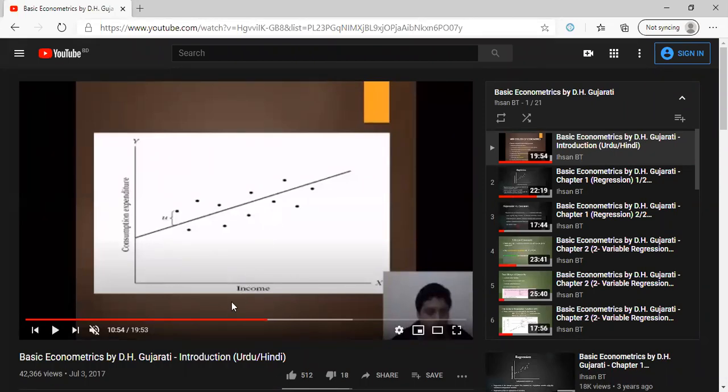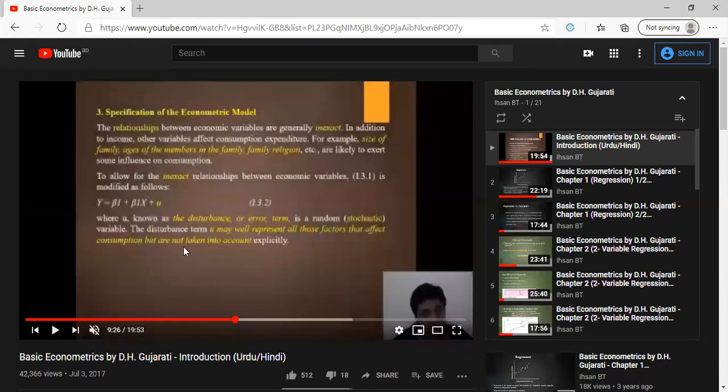Do you see the point here? Yes, Professor. So the extra is this u. Beta 1 plus beta 2x gives you 20, so y should actually be 20, but the person said I spent 23. So you add $3.